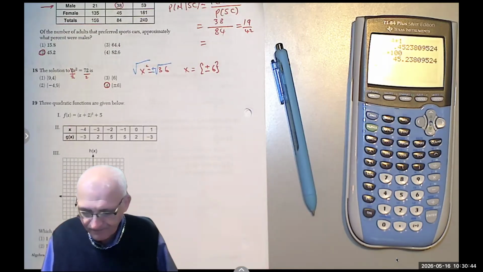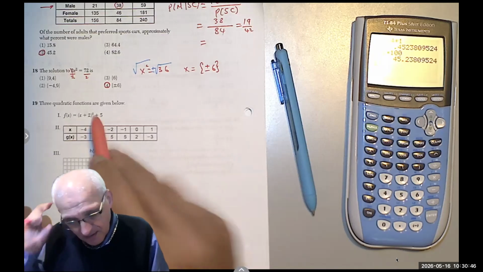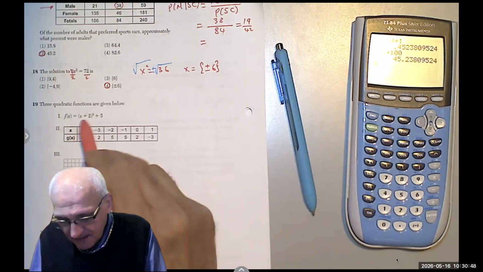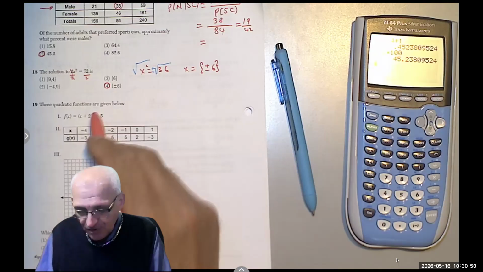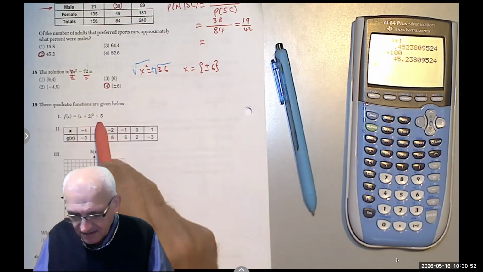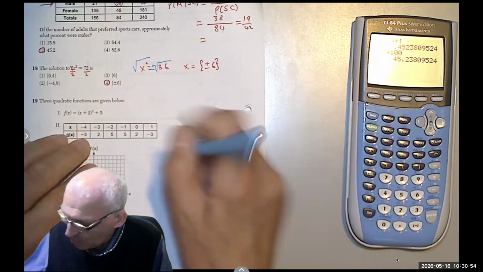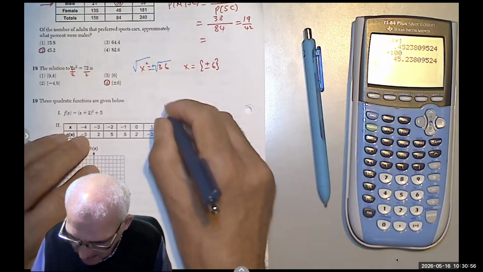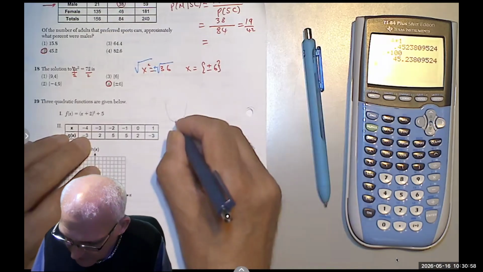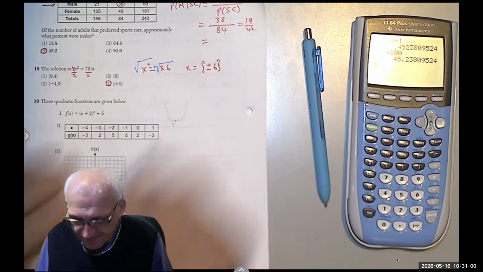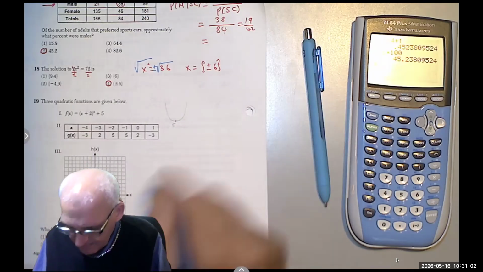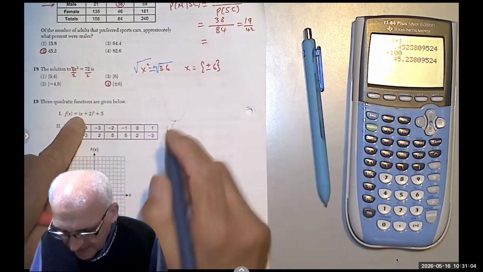So let's see. The first one, notice that the minimum value you can get here is 5. This is a parabola opening up, and it has the vertex y is 5, right?